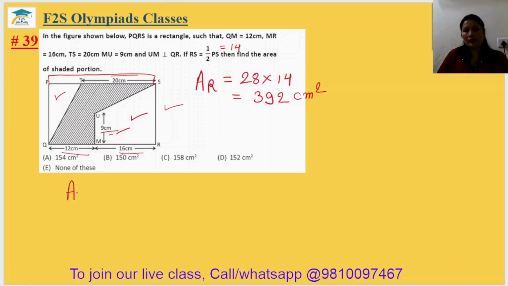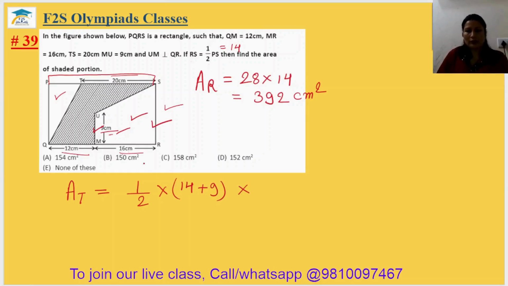Now area of the trapezium, तो एरिया ऑफ द ट्रेपेजियम क्या हो जाएगा आपका, हाफ इंटू सम ऑफ द पैरेलल साइड्स, this side plus this side. So this side RS we already know 14 centimeter and the smaller one it is given 9 centimeter.